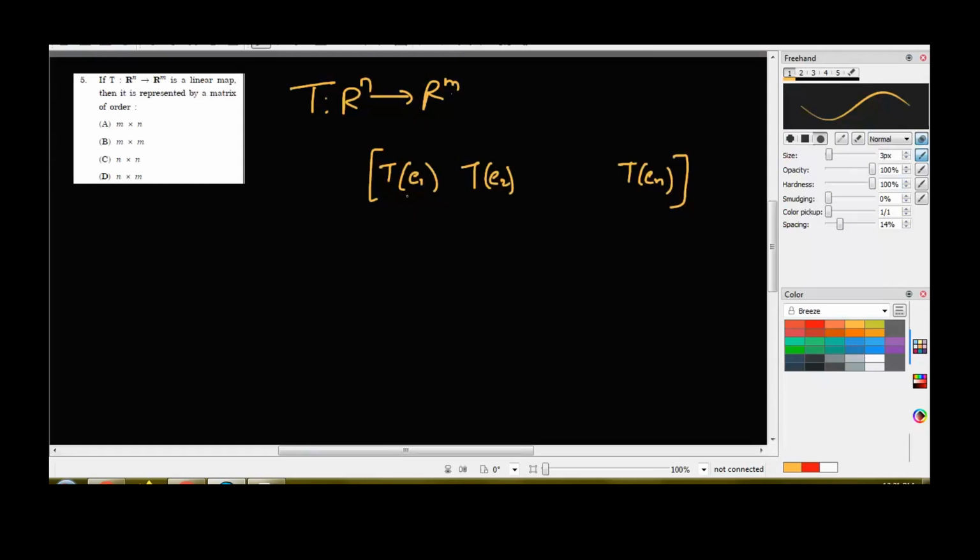So we can see this matrix will have n columns and will have m rows, and so the order of this matrix will be m cross n. So the very first option, that is A, is the correct option for this question.